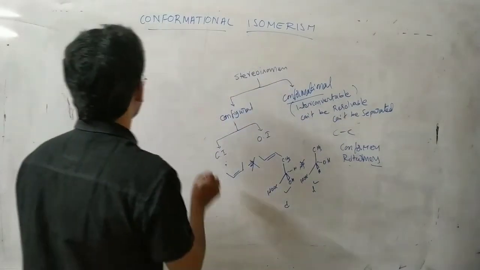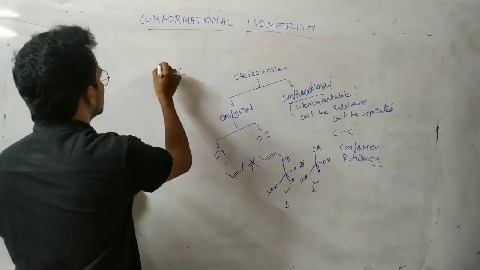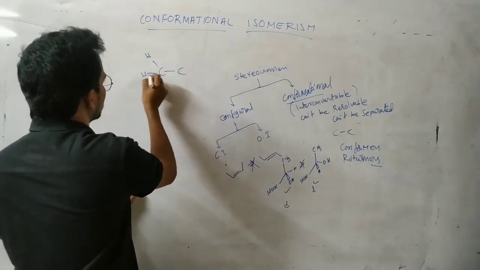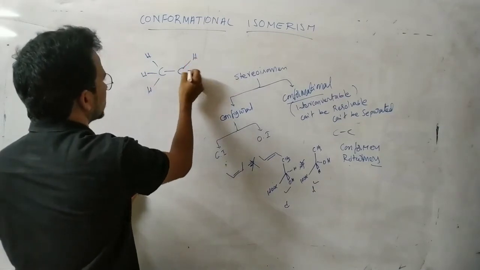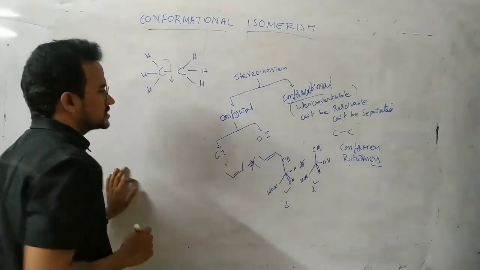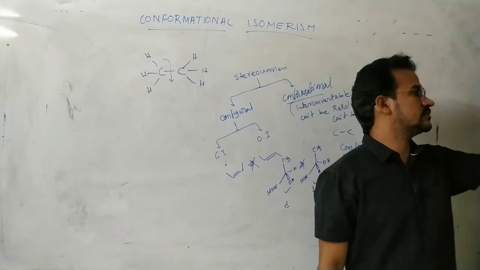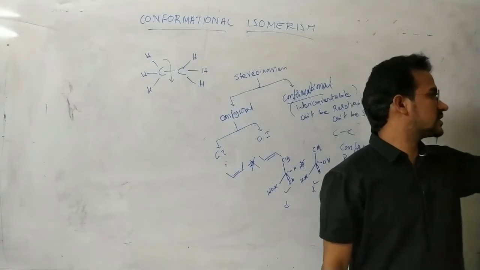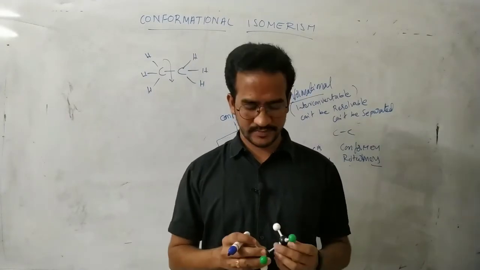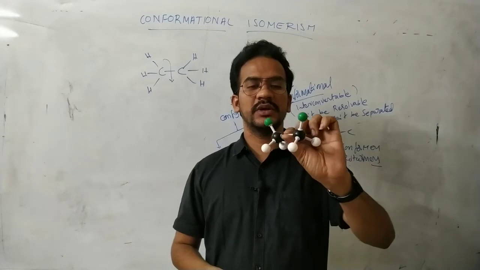Suppose you see this one, here this is the carbon-carbon bond, and these are the hydrogens, an ethane molecule. Different orientations are possible about the free rotation of the carbon-carbon bond.